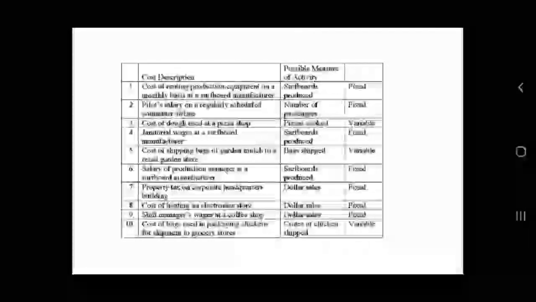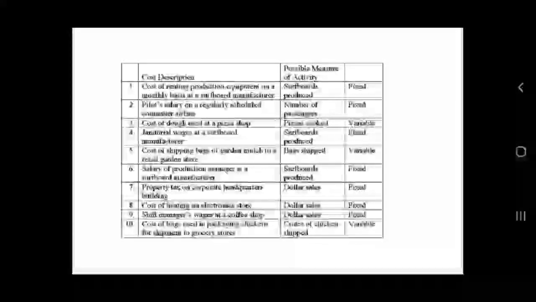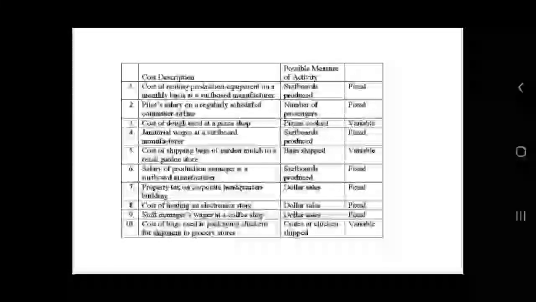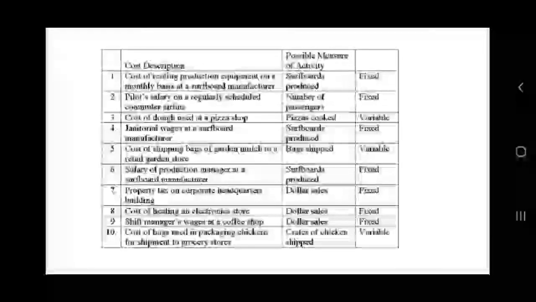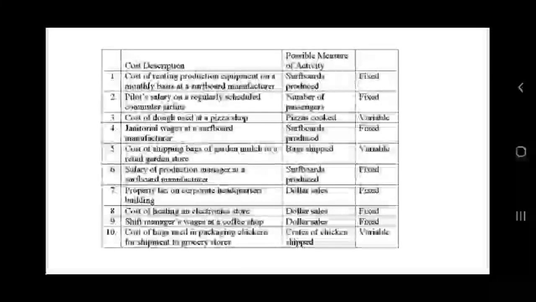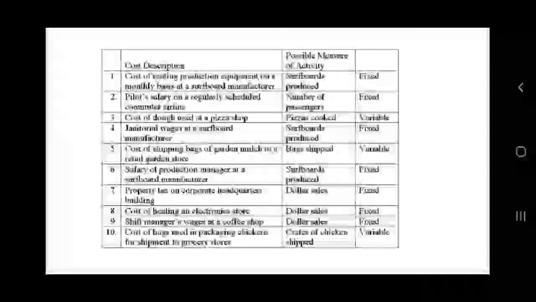So the direct material cost is an example of variable cost, because if you produce 1 unit, the cost is $2. If you produce 2 units, the cost will change. It becomes $4. You produce 10 units, it becomes $20. And you produce 1,000 units, the cost will become $2,000. So that is how variable costs behave.